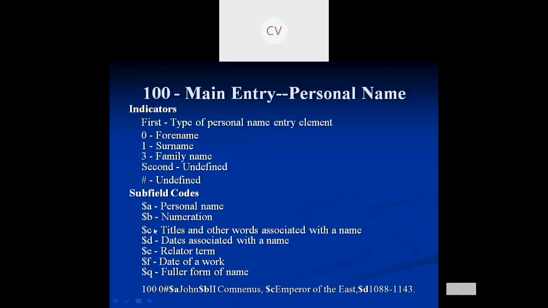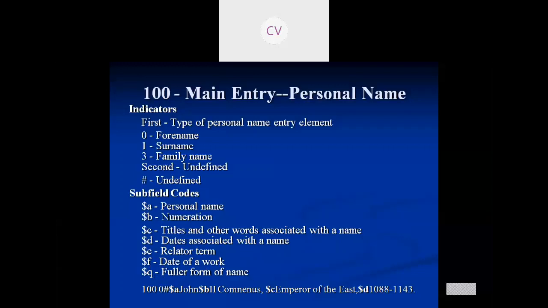So there are various subfields available or prescribed in this 100 field. $a, personal name. $b, numeration. $c, titles or other words associated with the name. $d, dates associated with the name. $e, relator term. $f, date of work, $q, fuller form of the name.